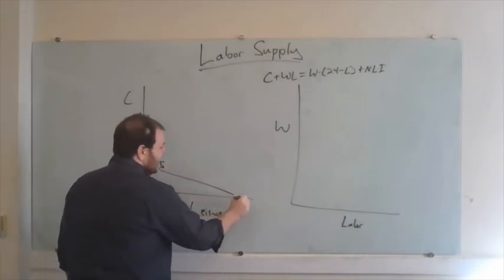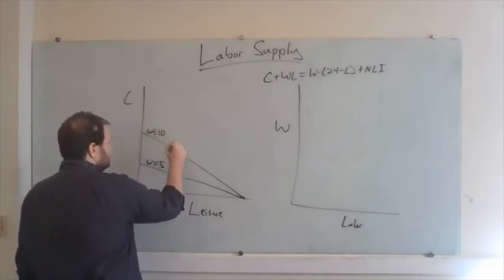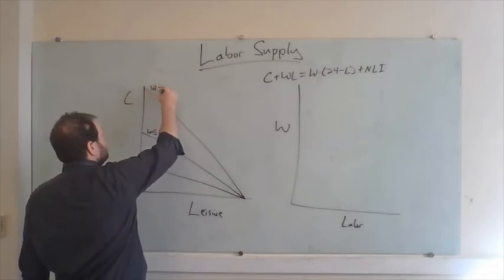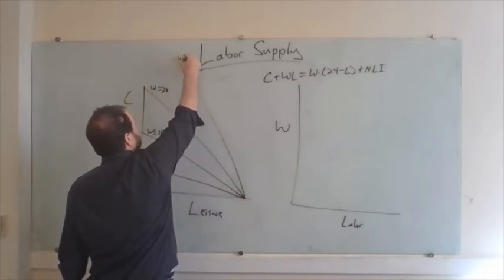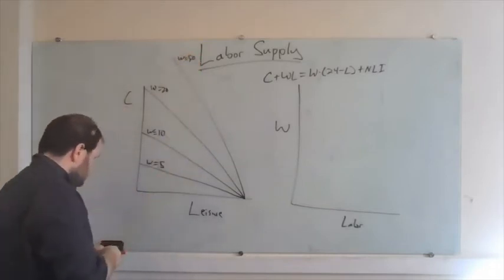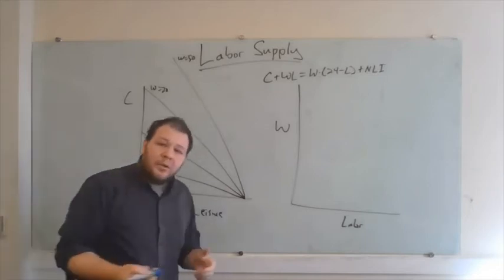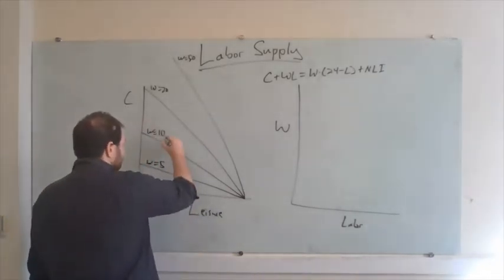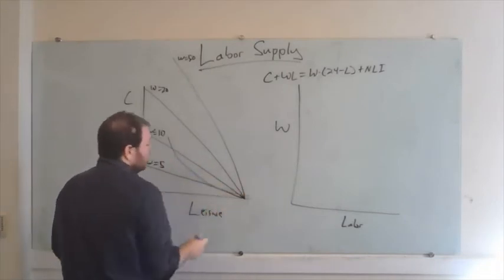Let's say W is 5, W is 10, W is 20, W is 50. And we argued that what we might expect to see is that at very, very low wages, you're going to work very little.